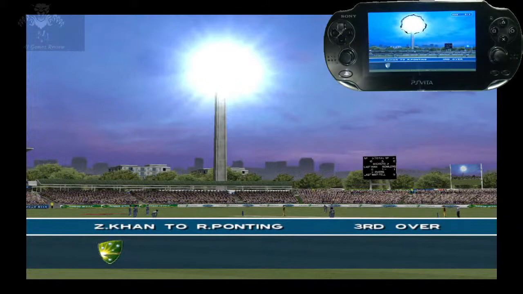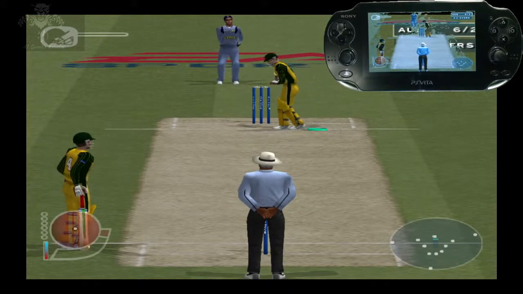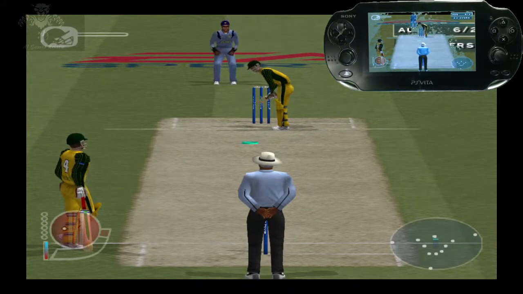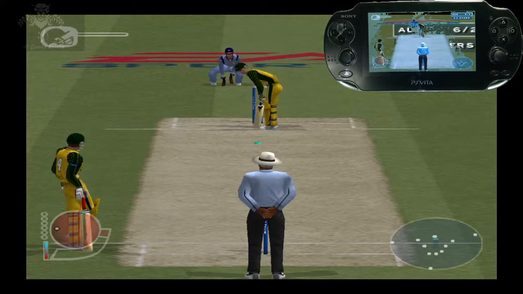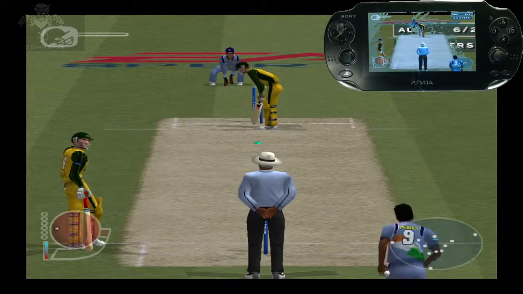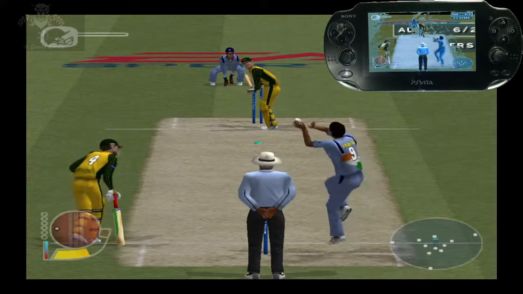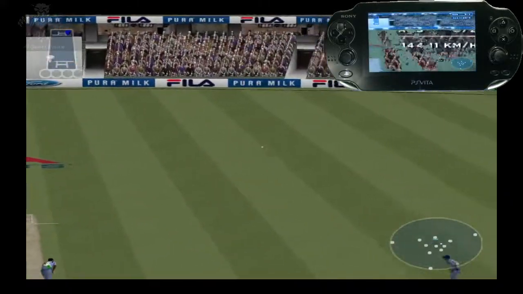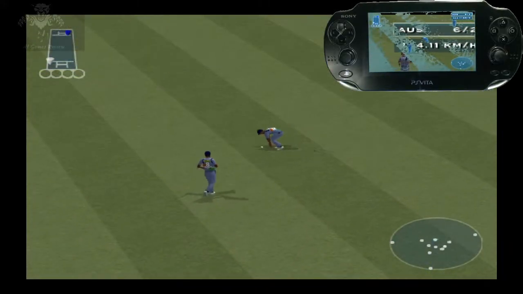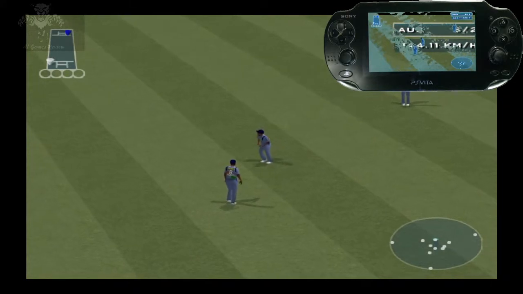Australia have made a slow start, so they need to pick up the pace if they're to get close to their target. Khan at the start of his run-up. They might give him a hard time about that one back in the dressing rooms.